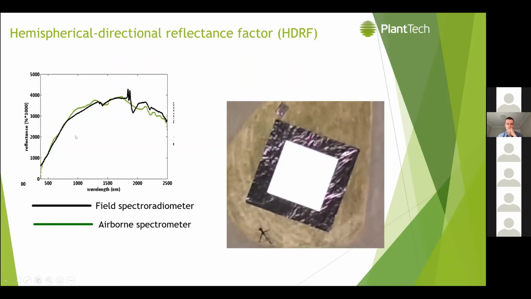After doing all these corrections, the black line indicates the signature from the ground spectroradiometer, and the green line indicates the signature from the airborne instrument. Is it closely matching? Still, we need to implement several corrections to get as close as possible. And we are also accounting for how much uncertainty comes from the different corrections.